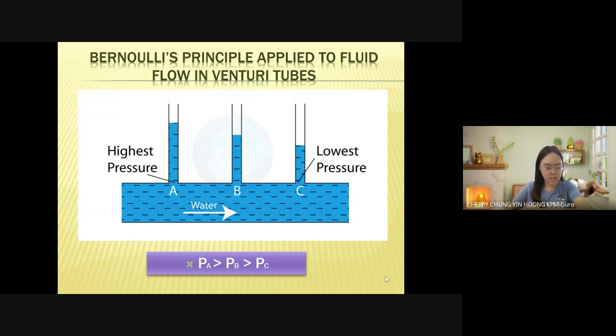The difference in the pressure will produce force. Okay, as the velocity increases, the pressure decreases. The difference in the pressure will produce force.